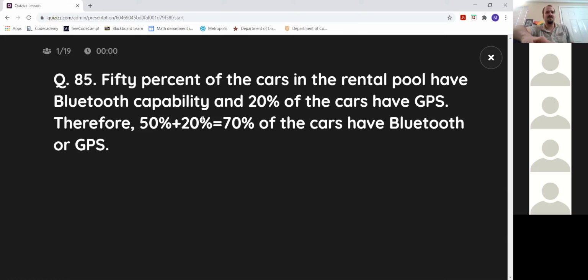Therefore, is it true that 70% of the cars have Bluetooth or GPS? And maybe you could try to think of an example. But this is really going back to those Venn diagrams, right?